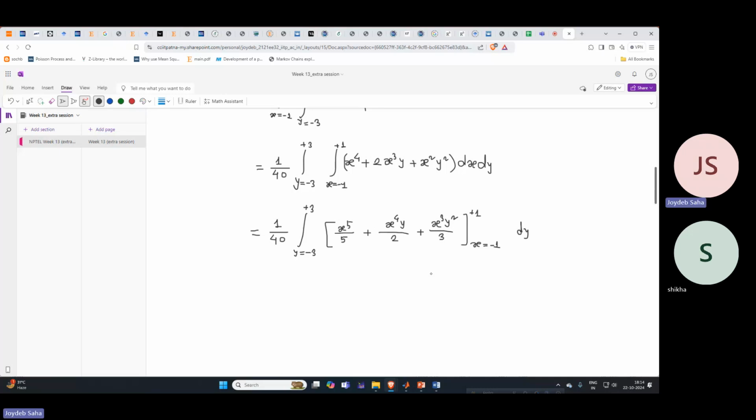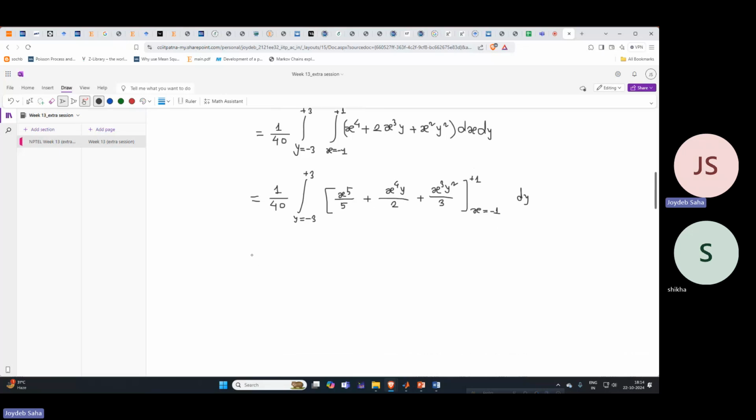Okay. So now let us put the value. This is 1 upon 40, y is equal to -3 to +3.